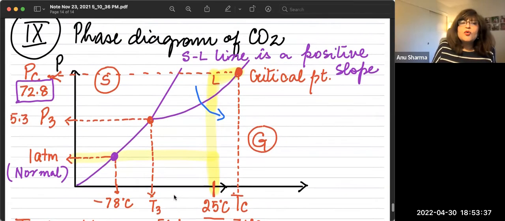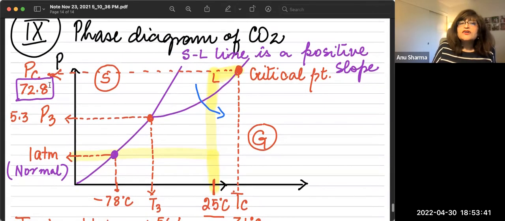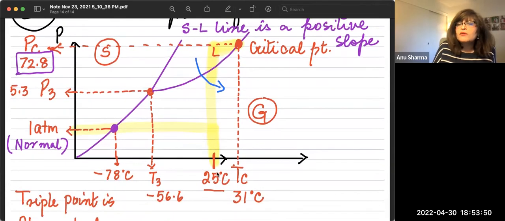But the moment you increase the temperature further and further, so this dry ice, solid, at a very high pressure. Here's our normal temperature, 25 degrees Celsius. That's our normal. So at our normal temperature and 1 atmosphere, we see carbon dioxide in the gaseous form.